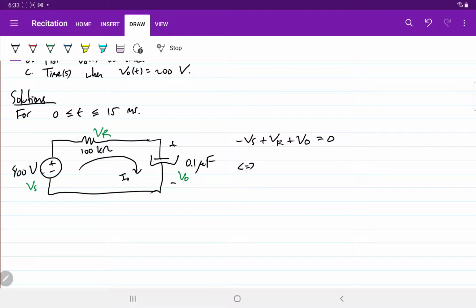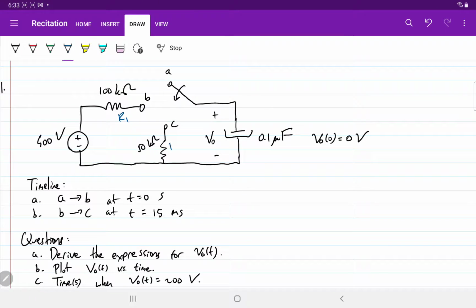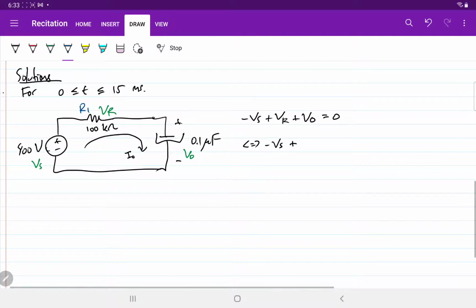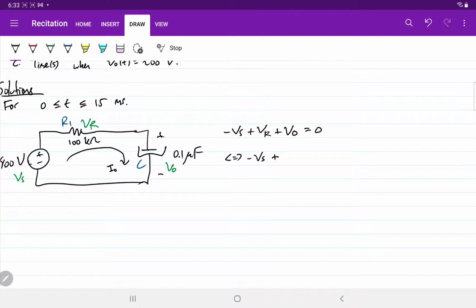Vr is what? Let's call the resistors R1 and R2, and this is C. Vr is the current I0 times R1, plus V0, right?